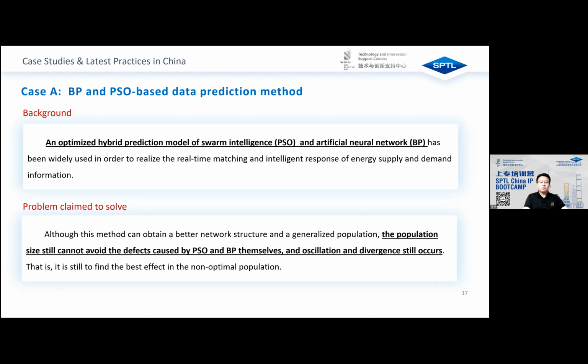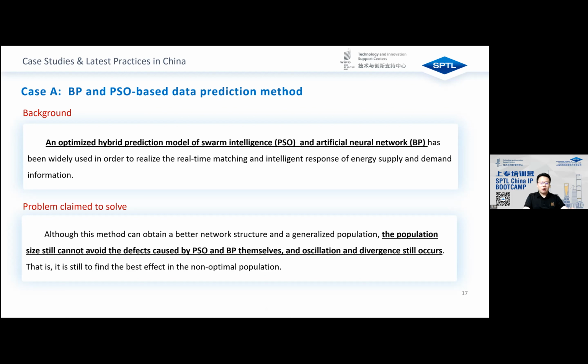Please let me briefly introduce BP neural network and PSO, although they are familiar to people with a mathematics or computer science background. BP neural network, with full name being backpropagation neural network, is a multi-layer feed-forward network trained according to the error backpropagation algorithm, and it is one of the most widely applied neural network models in the machine learning field.